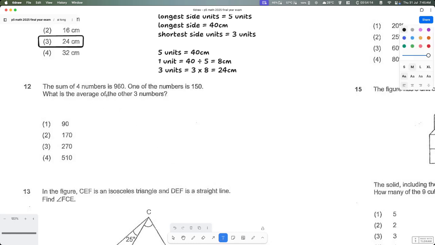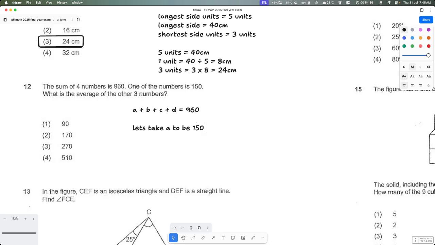So we know the sum of 4 numbers: a plus b plus c plus d is equal to 960, right? Then one of the numbers is 150, so let's take a to be 150.